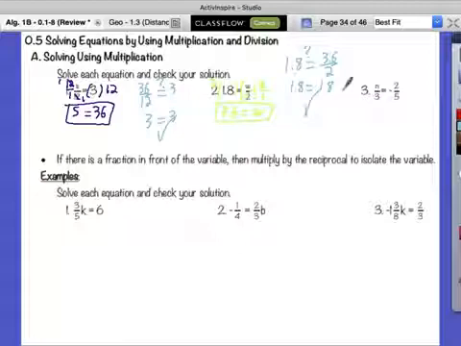You lost your sign. Oh, you got it. So would I multiply 3 by... You got 1. It is by 3 over 1.